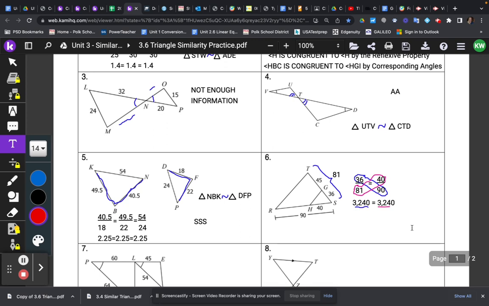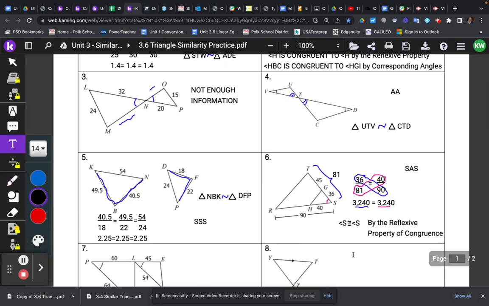Now, do they also share an angle using the reflexive property? I think they do. Do you see it? I hope so. Let's mark it up. Both triangles, there's a tiny triangle from G to S to H, share the same angle using the reflexive property. Angle S is congruent to angle S. So I have enough information to prove side-angle-side.